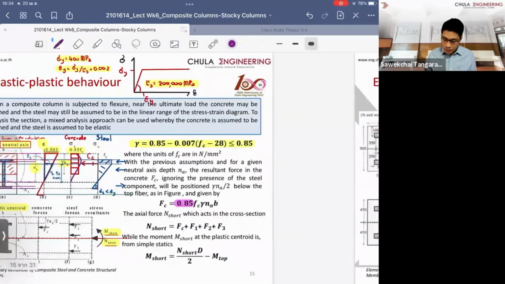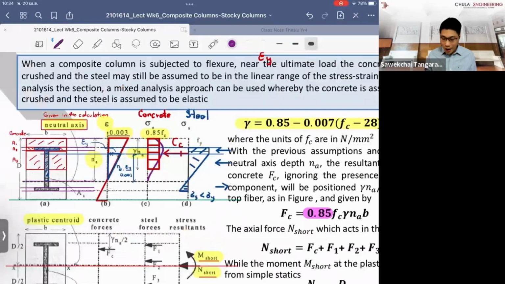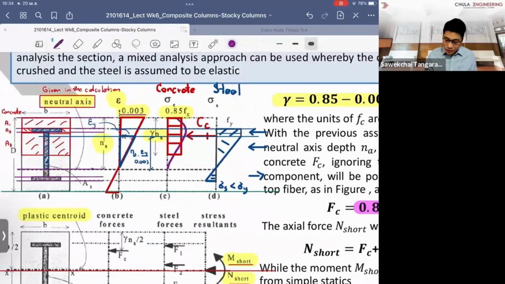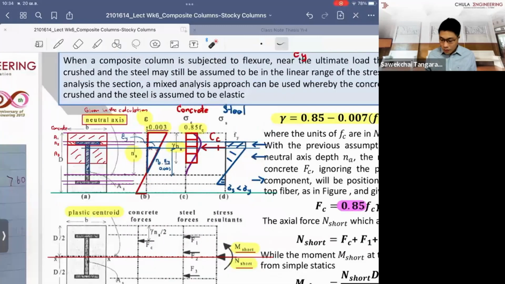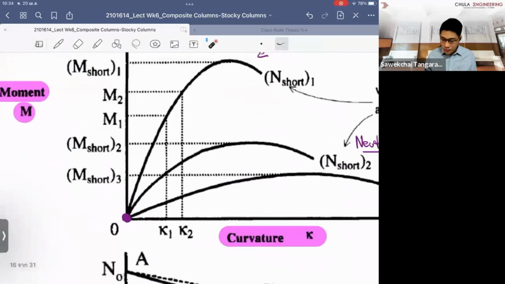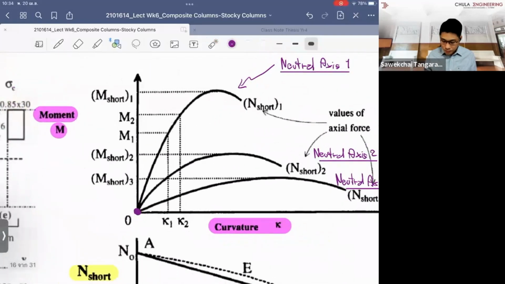The more we keep rotating the curvature about the neutral axis, if we start to bend and apply the axial force to the cross section of the column, what is happening? The capacity will rise up to this level here until it reaches the ultimate. What does the ultimate really mean?